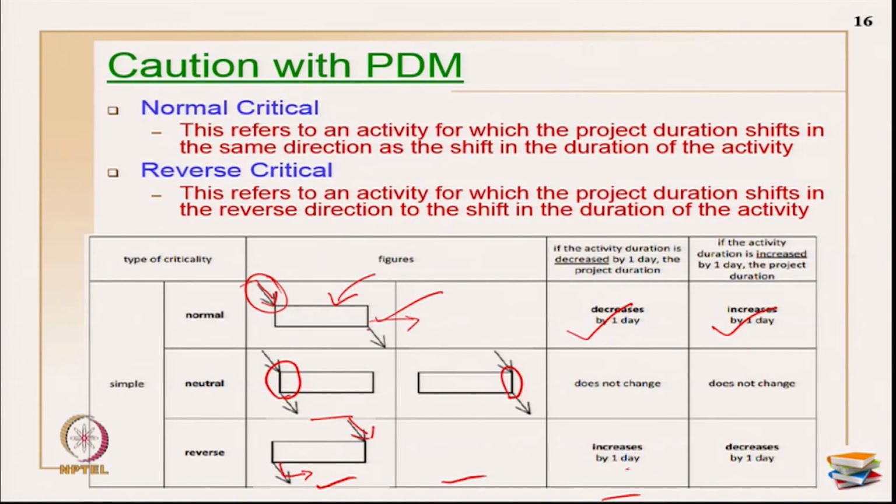Then you will have a reverse critical type of relationship. When the activity duration is decreased by 1 day, the complete project duration will be increased by 1 day. When the activity duration is increased by 1 day here, then the complete project duration will be decreased by 1 day. You can try with any example later on.